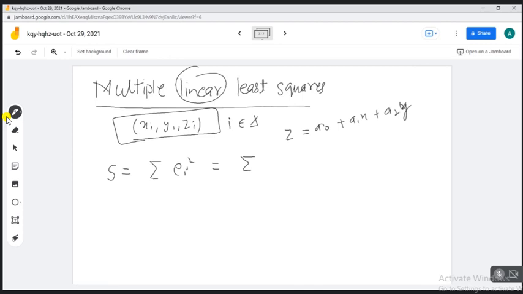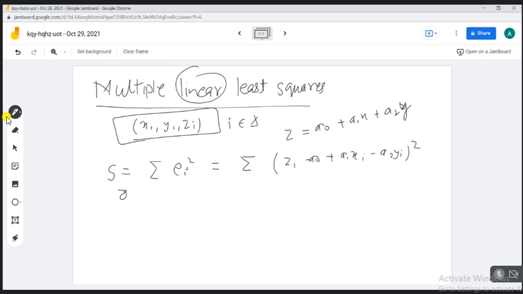So this is what the error is in this case.